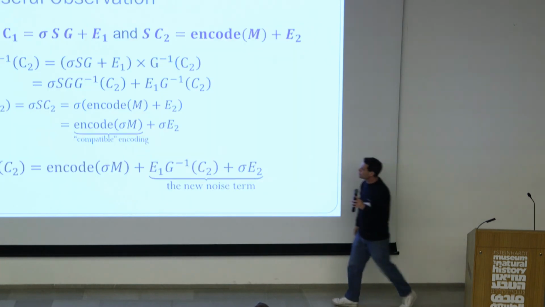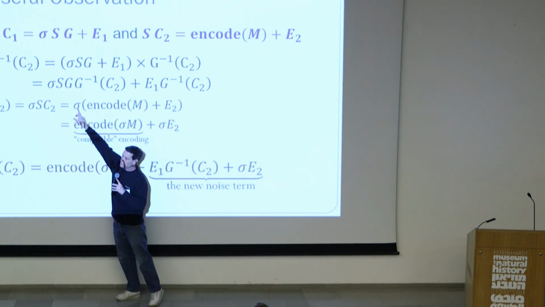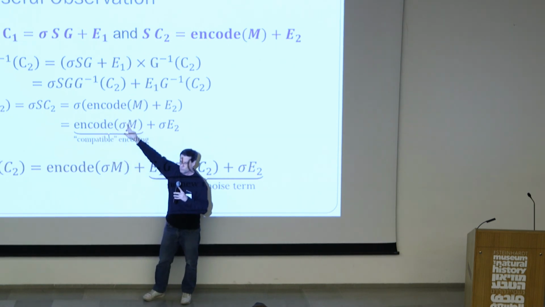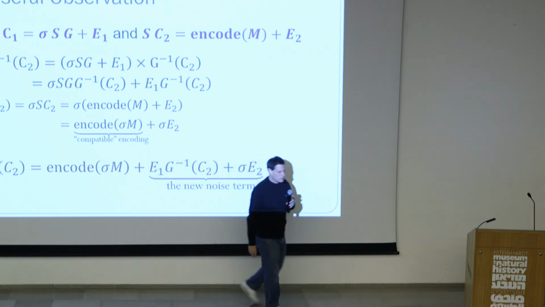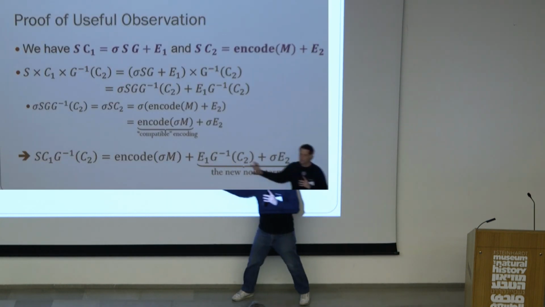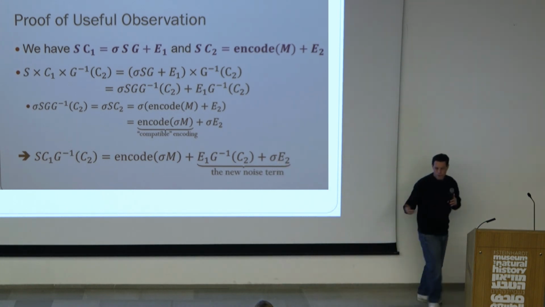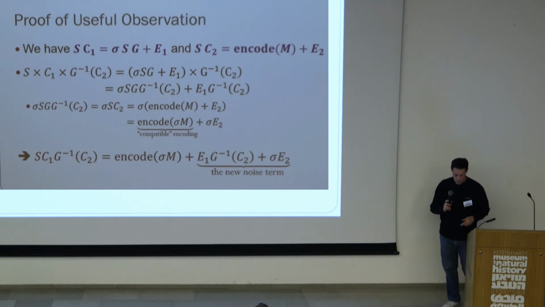And the only interesting thing that happens here, other than opening parentheses, is you have a plaintext times an encoding, which equals an encoding of the plaintext times it, since you bring the plaintext inside. Well, if the encoding is linear, which it always is in Regev, then you can always do that. And other than that, it's just algebra. And the size of the noise, this is the regular GSW term for noise. So you can multiply GSW ciphertexts not just by one another, but also by Regev encryptions, and it still works, which is nice.